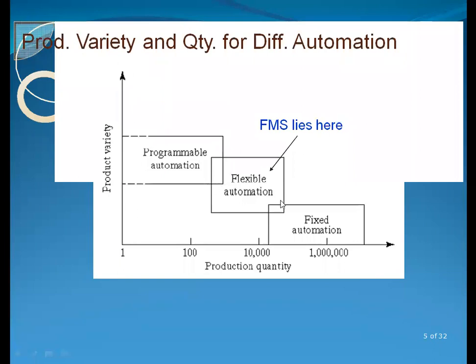The industry using flexible automation is where the flexible manufacturing system lies. You have to keep that in mind. Or, if you see the types of production, fixed automation is used in mass production, flexible automation is used in batch production, and programmable automation is used in unit production.